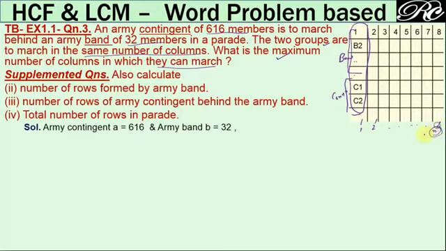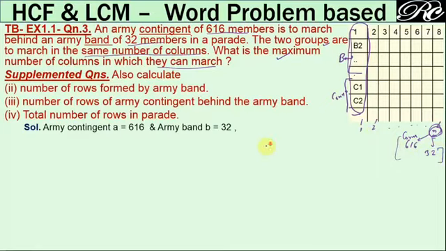So we need the number n which is common to both band and the contingent. This is common to the contingent 616 as well as it should be common to the band 32. So obviously this n will be the HCF of 616 and 32.